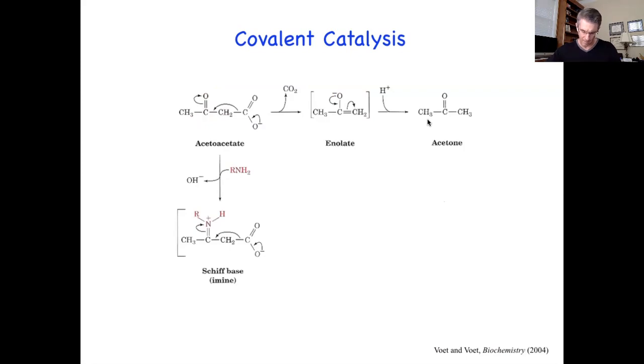In this case, it was a primary amine. You use a proton, you lose the alcohol from the carbonyl group and release hydroxyl to form this carbon-nitrogen double bond, or so-called imine.